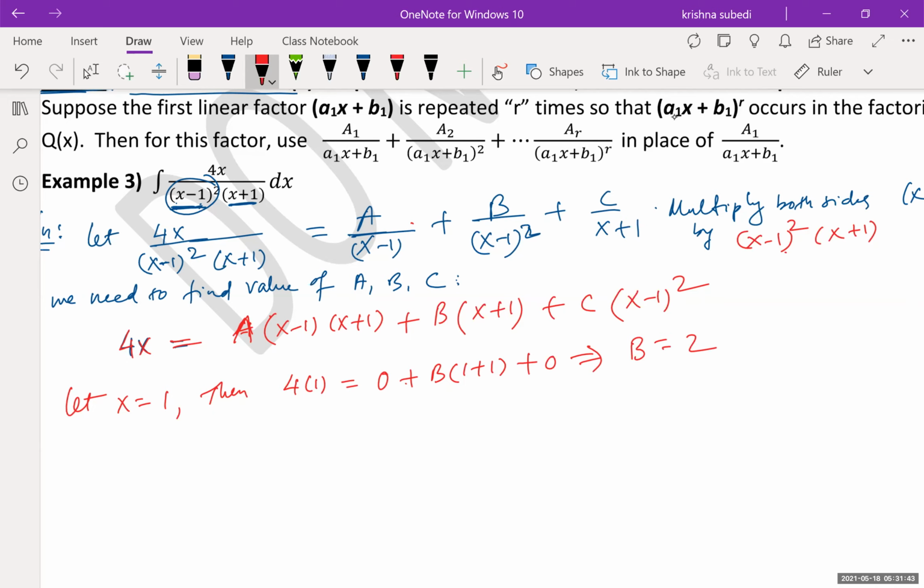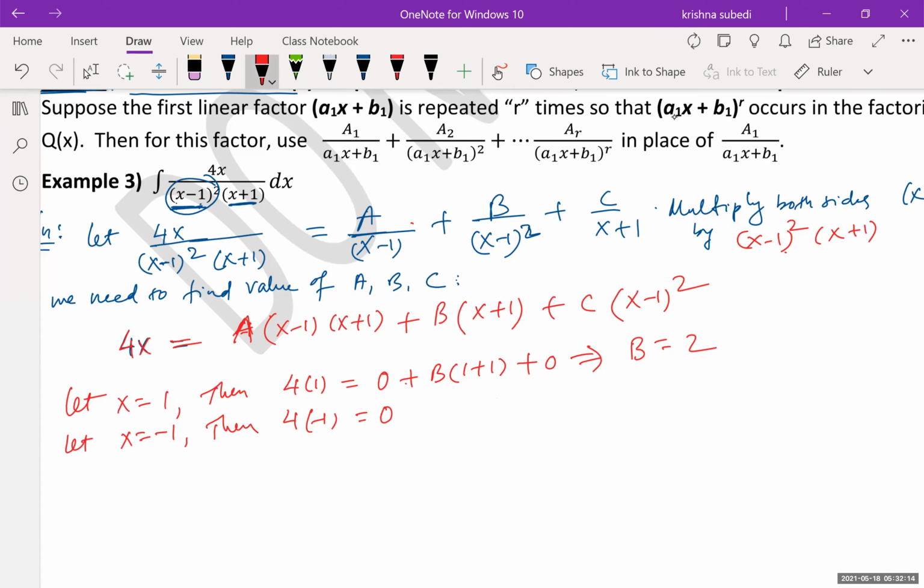Okay, and in the same way, let us suppose that x equals -1, so that we can eliminate. So then what we get is 4 times -1 equals a times -1 minus 1, and then -1 plus 1. So that guy will be 0 actually.